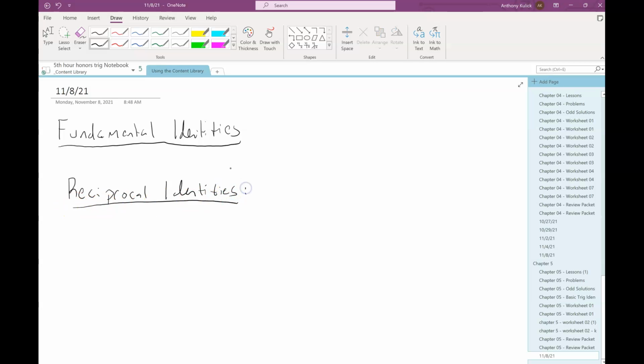So the first ones that we'll talk about are these reciprocal identities. So we know that for sine, cosine, and tangent, they have reciprocals, cosecant, secant, and cotangent. So I know that, for example, sine is equal to the reciprocal of cosecant, or cosecant is the reciprocal of sine.